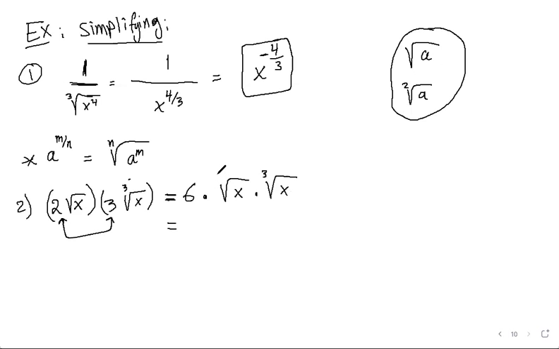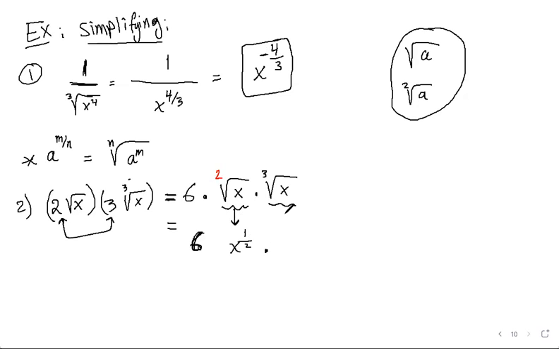Here it's hidden, but actually this is 2. So what's that equal? 6 goes down. This one is x to the power what? To the power 1 over 2.